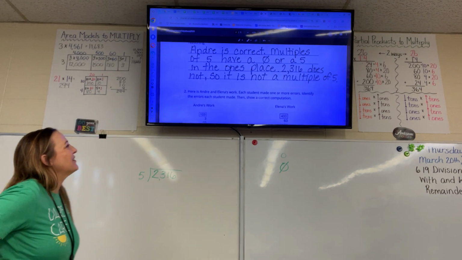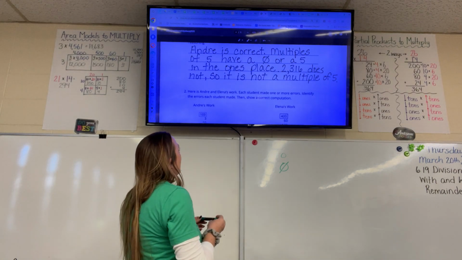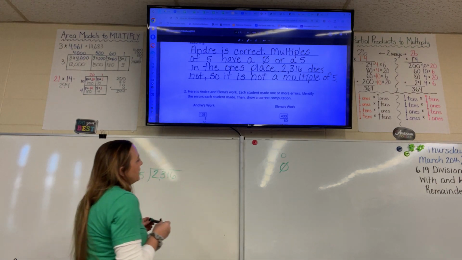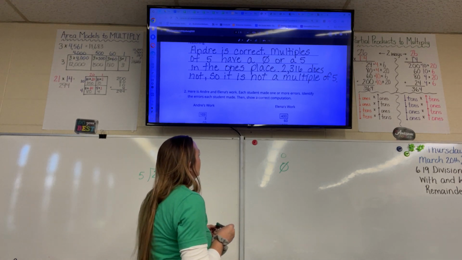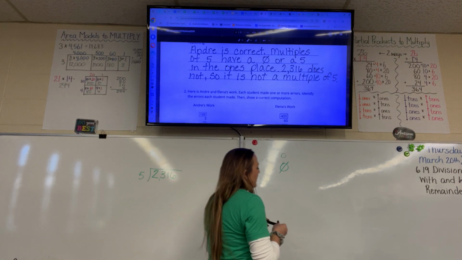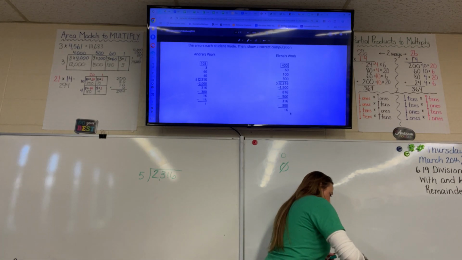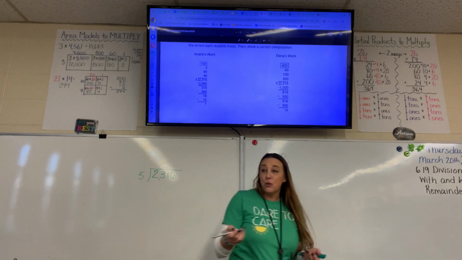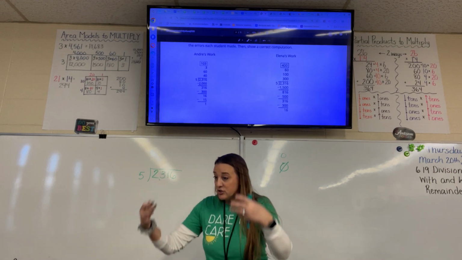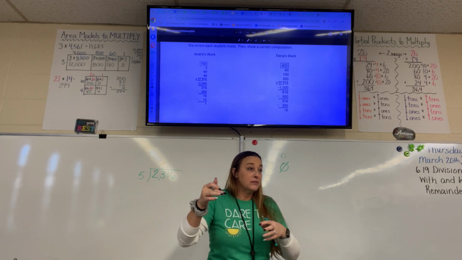Why? All right. Here is Andre and Alina's work. Each student made one or more errors. Identify the errors each student made, then show a correct computation. This is kind of what teachers do all the time, look at a student's work and, if they made a mistake, find where the mistake was.